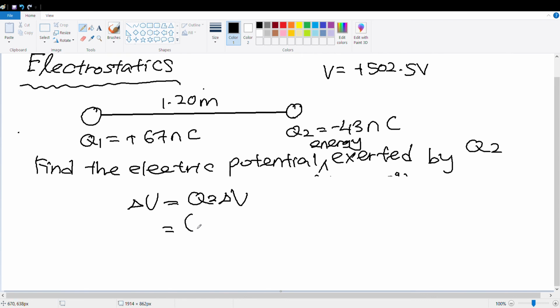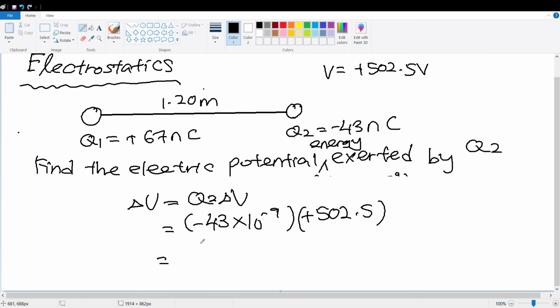So Q2 is negative 43 times 10 to the power negative 9 times the electric potential difference between Q1 and Q2. So this is plus 502.5.